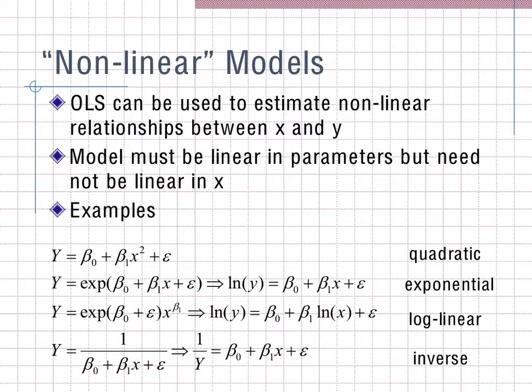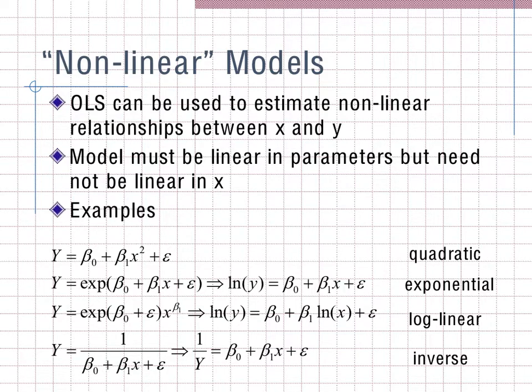Here's a second example known as an exponential model. In this case, the value y depends on e raised to beta 0 plus beta 1x plus our error term. How can we make that into a linear model? Well, if we take the natural log of both sides, the y becomes the natural log of y.